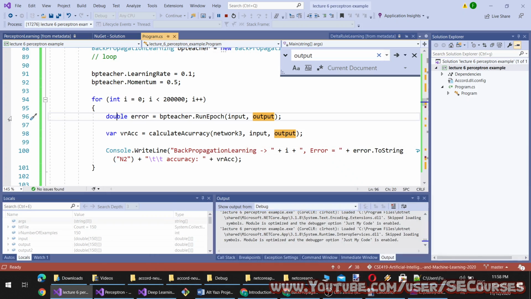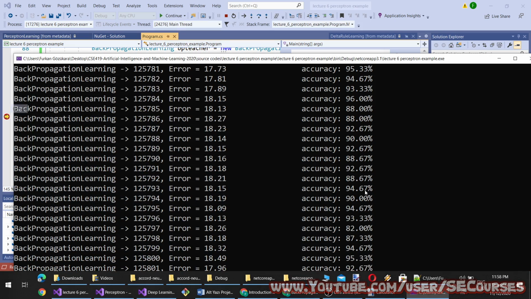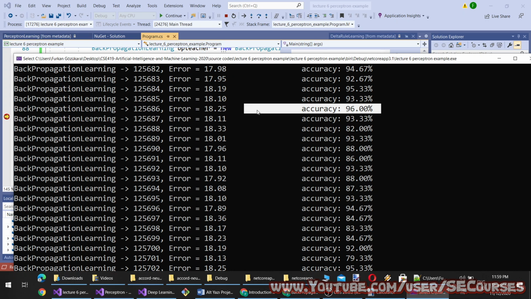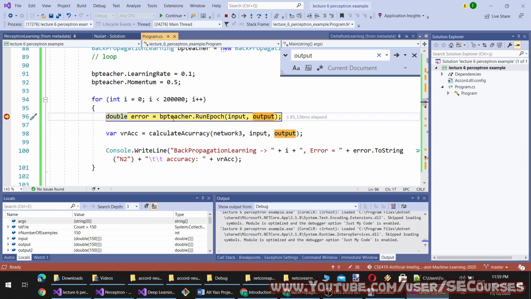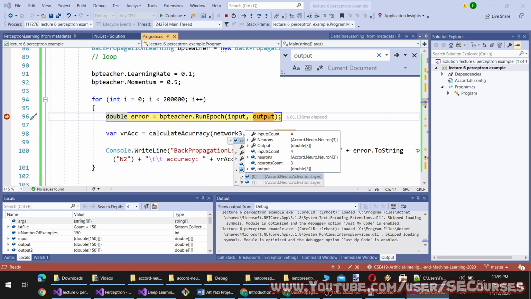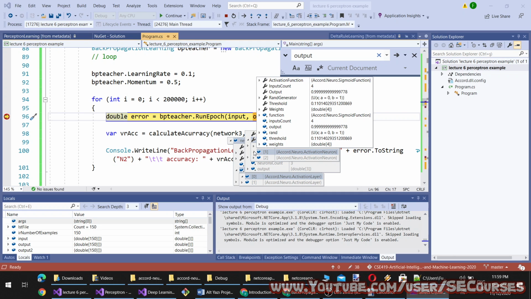Okay, let's pause for a moment. These are the accuracies we have obtained. There is 96% accuracy. Let's check the network. The network has 2 layers, and one layer has 3 neurons, and each neuron has 4 weights, as you can see.